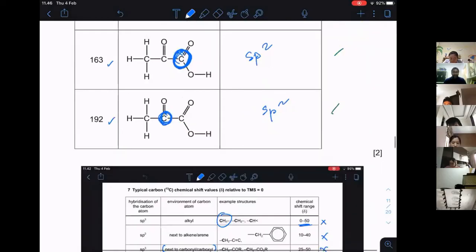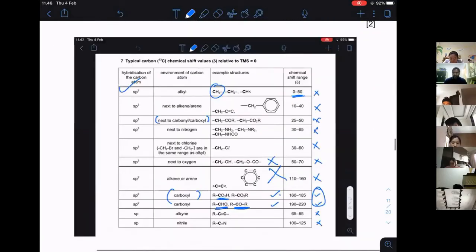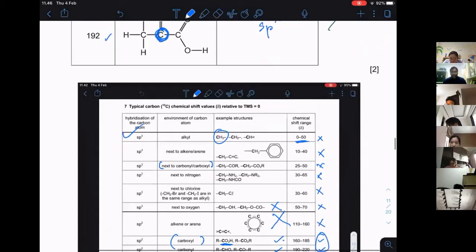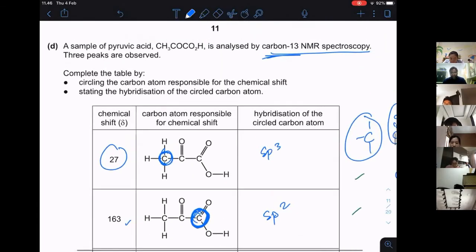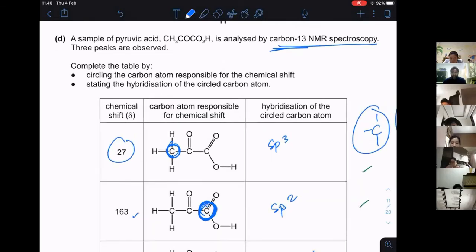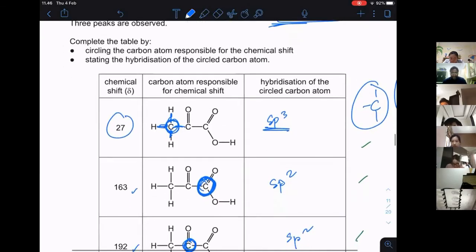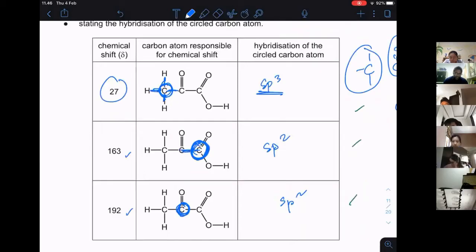After that, I think quite easy. If you want, you can refer to hybridization, but I think by now you should be pro at this. Why? Because by just looking at the structure, you should be able to tell what kind of hybridization this is. For example, you have carbon 1, 2, 3, 4. There are 4 orbitals for that carbon, so it must be sp3 hybridization. And then if you look over here, 163: 1, 2, only take one of the double bond, so it's going to be 3 orbitals, so it's going to be sp2 hybridization.